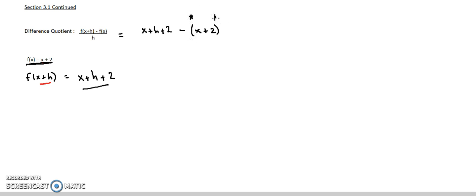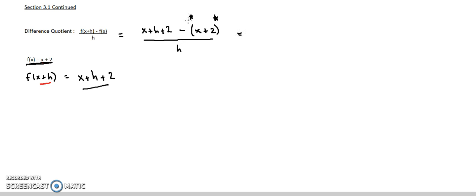Alright, so these parentheses right here are super important. This will not work right if you don't do the parentheses. So we've got f of x plus h minus f of x over h. Okay, so now we're out of the function notation and now we're into things that we can work with.